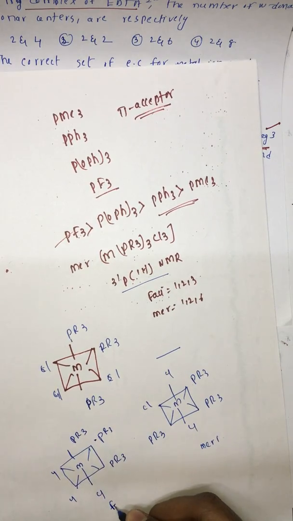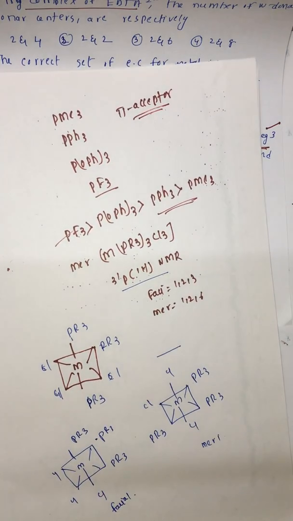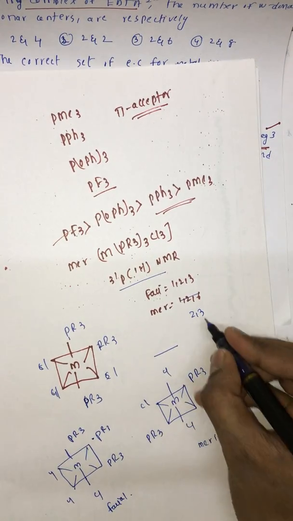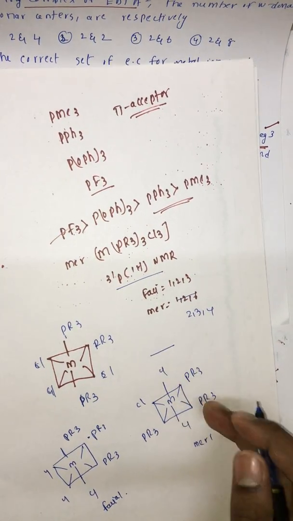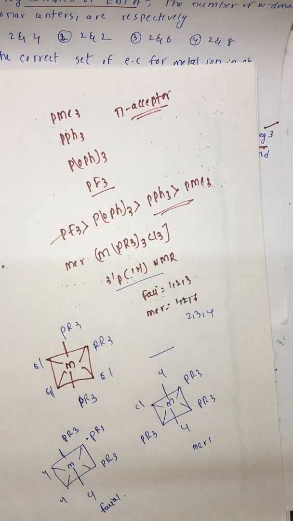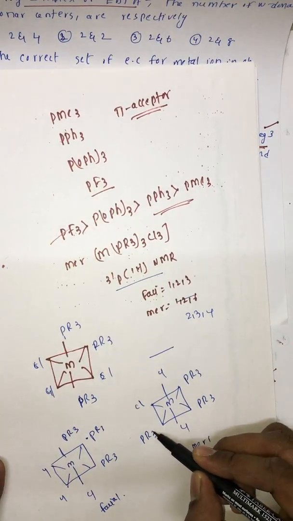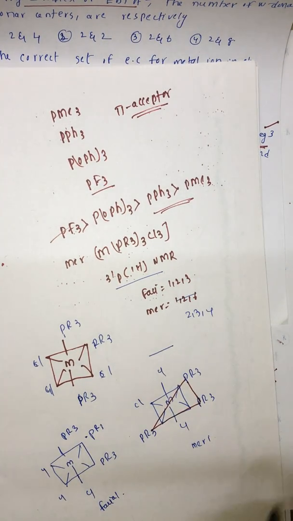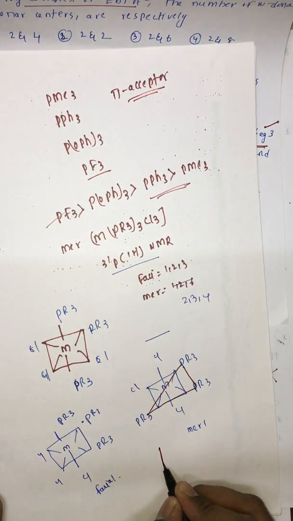This is facial. So meridional means 1, 2, 3, 4, and this one is like this. So all phosphoruses are equal here, so for that we will get a singlet.